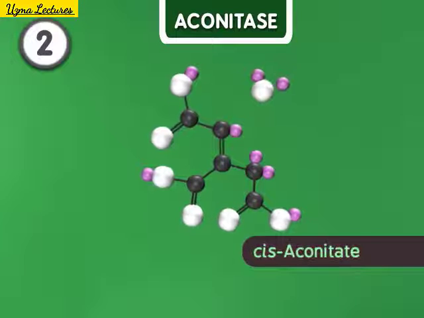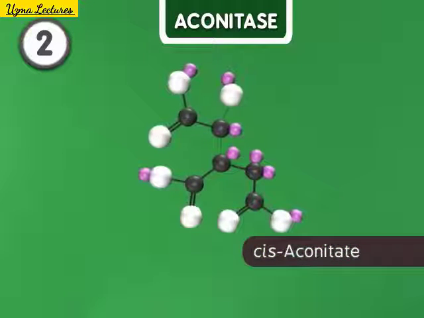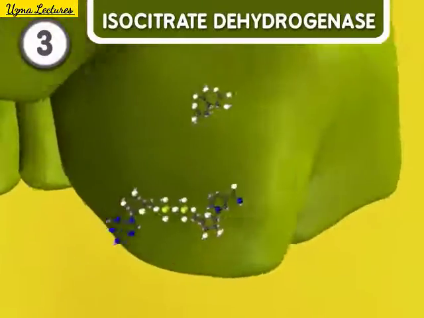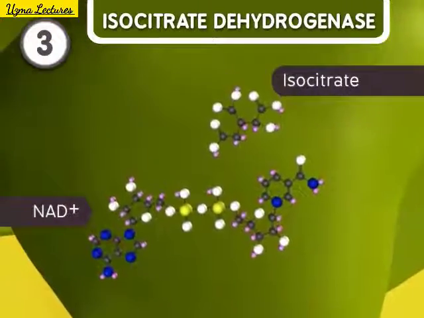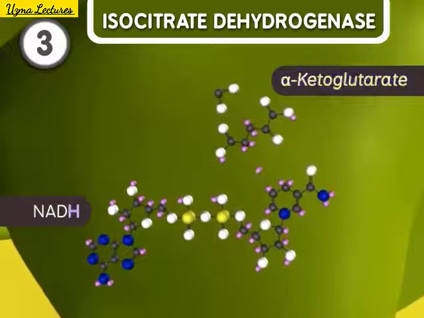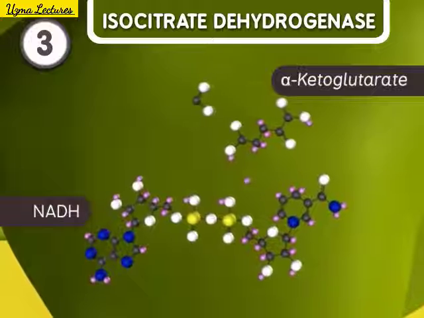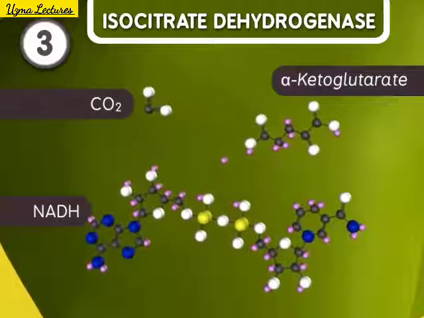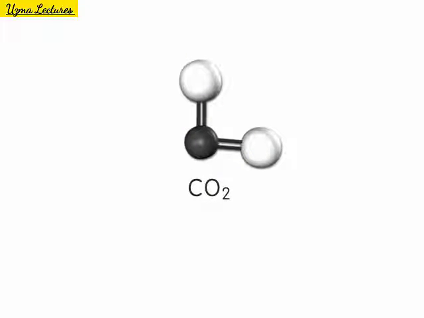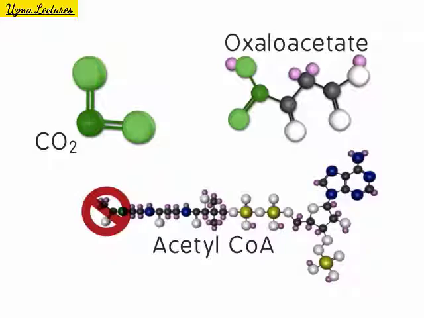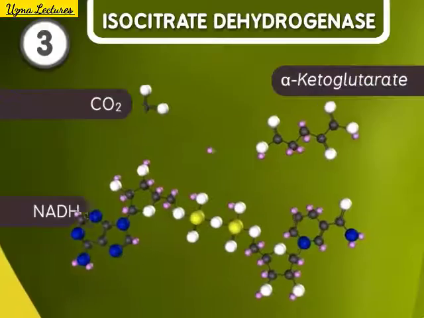Next, an isocitrate dehydrogenase enzyme oxidizes isocitrate, a 6-carbon molecule, to 5-carbon alpha-ketoglutarate. The carbon that was lost is released as carbon dioxide, and 1 NADH is also formed. The carbon dioxide that is released was originally part of the oxaloacetate and not acetyl coenzyme A.